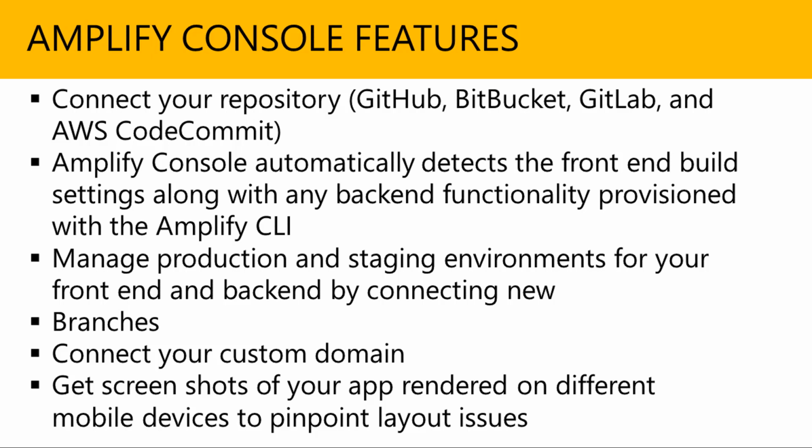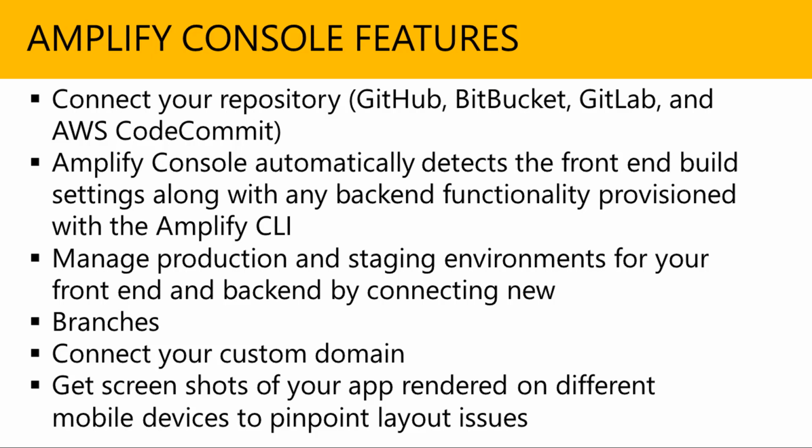Fourth, you can connect your own custom domains, right? If you're using ClayDesk.com, for example, you can connect that domain. If you manage your own domain within Amazon Route 53, the Amplify console automatically connects the root. So it'll connect ClayDesk.com, or you can use a subdomain, like www.learning.claydesk.com.